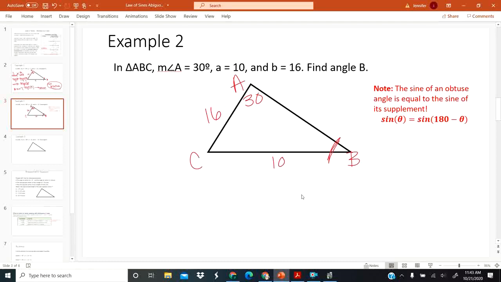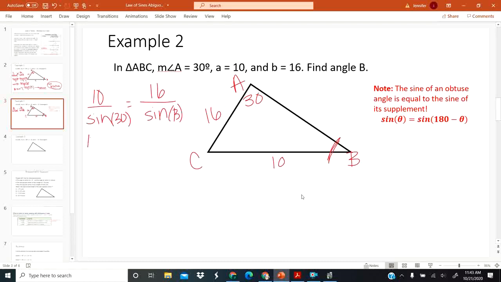So we're going to go through with pretty much the same process we did on the last one. So we would have side little a, which is 10, over the sine of 30. And that's going to be equal to side little b, which is 16, over the sine of angle B. And so now I'm going to cross multiply.